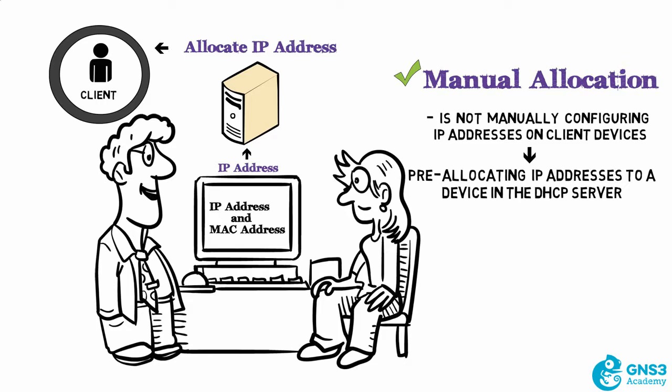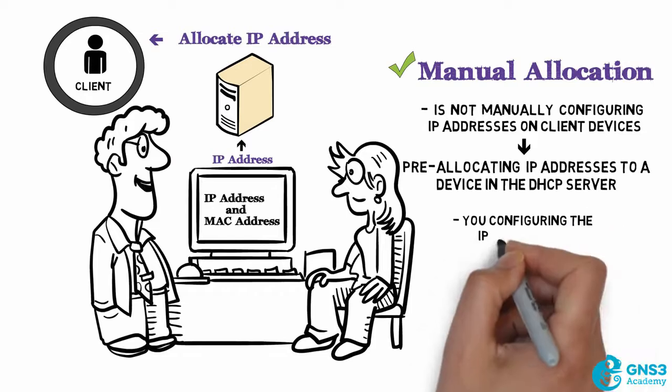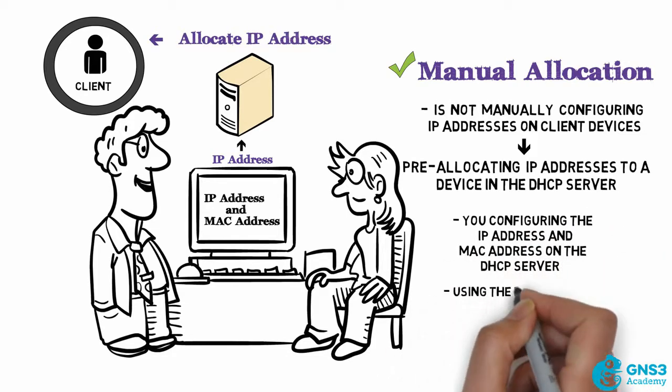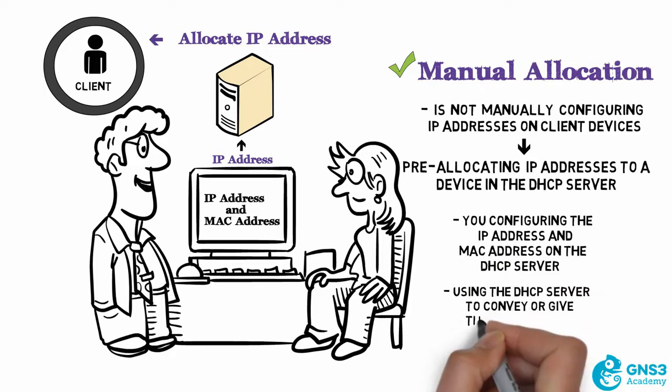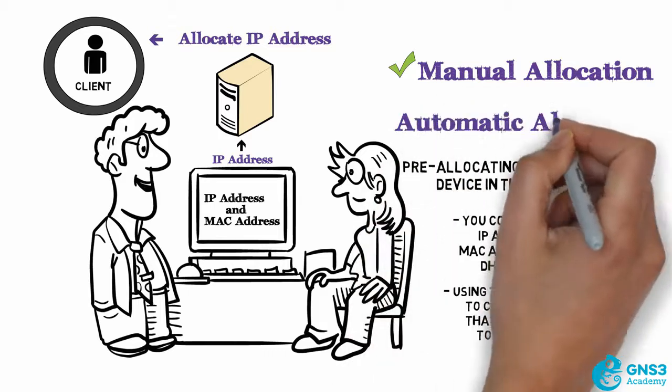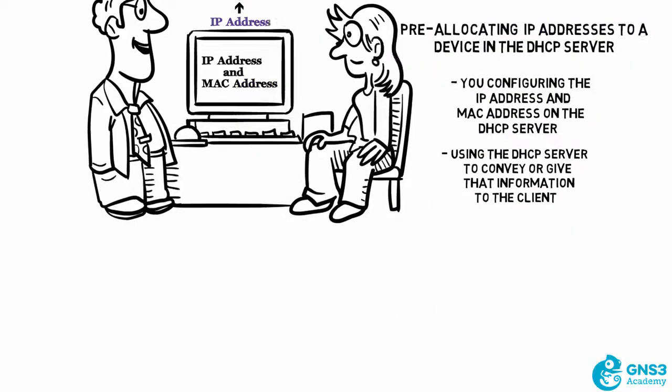So rather than you configuring the IP address statically or manually on the client, you configure the IP address and MAC address on the DHCP server, and then use the DHCP server to convey or give that information to the client. Now please note that there's a difference between automatic allocation and manual allocation.